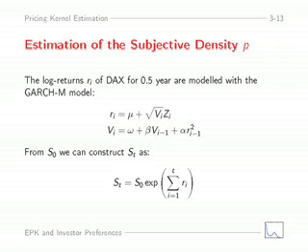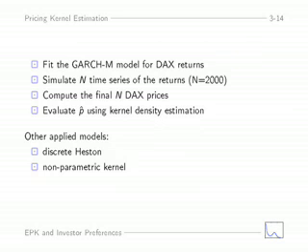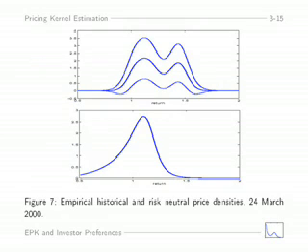The subjective density P was estimated using several models, for example, the Gaussian model or kernel models. And here is what these two densities look like. The first is the historical density, and the other is the risk-neutral density for one date.